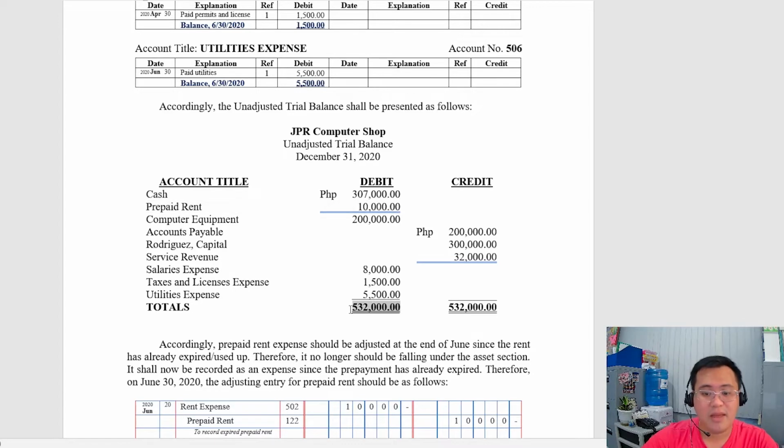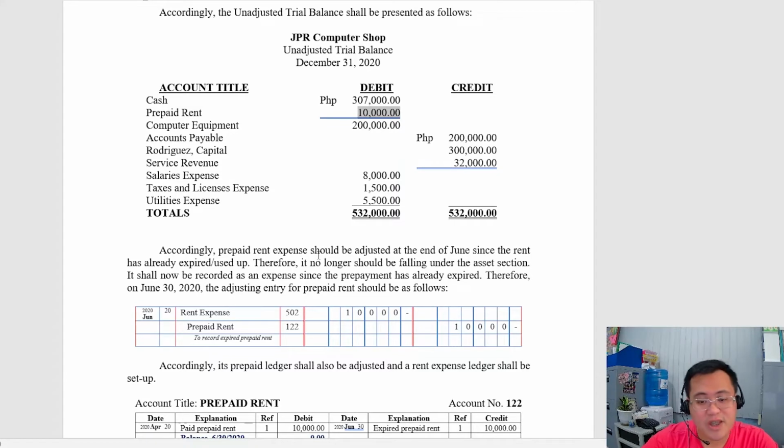However, the same amount of debit and credit is being totaled, meaning to say, 10,000 was added to debit, but it was added to the wrong account. So that 532,000 from our previous discussion is actually wrong, because it should have been 532,000 with the 10,000 peso debit debited to prepaid rent and not to prepaid expense.